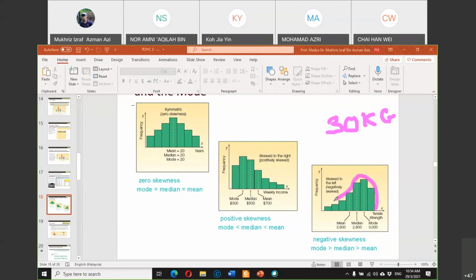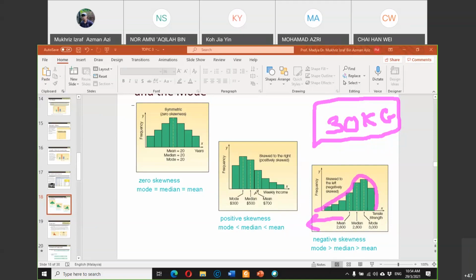When you calculate the mean weight of the students in the class, there is one very small student, maybe not a healthy student, who only weighs 30 kilograms. So the entire classroom mean will be affected by this one small weight, and the mean will be pulled to the left. That's why in negative skewness the mean is on the left and the mode is on the right. So the mode is bigger than the median, which is bigger than the mean. In positive skewness, the mode is smaller than the median, which is smaller than the mean.